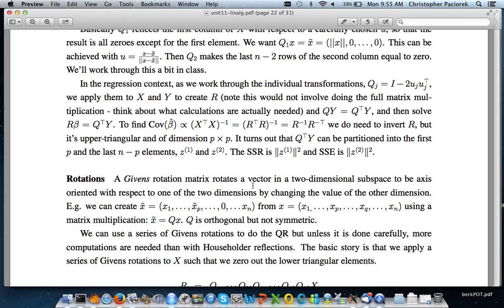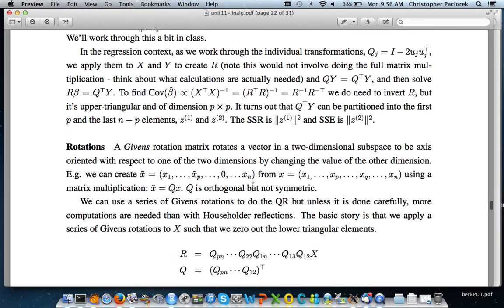This is basically going to become this xp tilde, and this is going to become 0. So I basically achieved the same thing in this 2-dimensional subspace that I was achieving here.